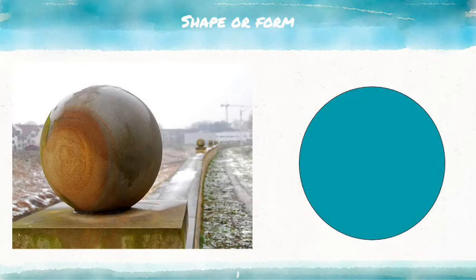Okay, so we're done with lines, so let's proceed to another element of art, the shape or form. Sometimes shape or form, or shape and form, are used interchangeably, but technically they have these particular differences.